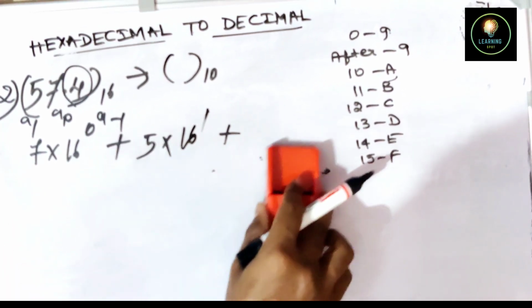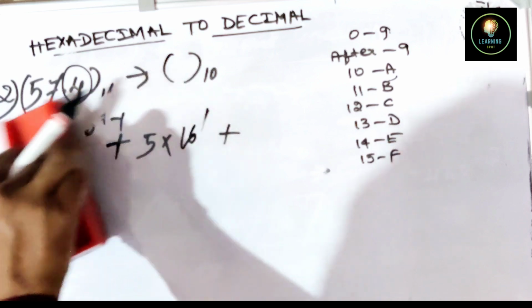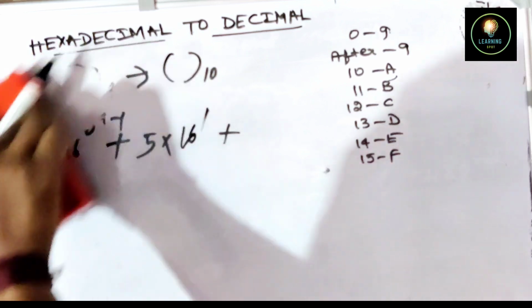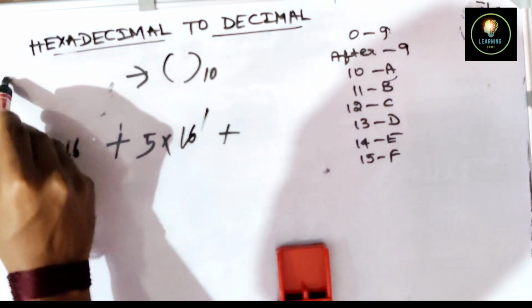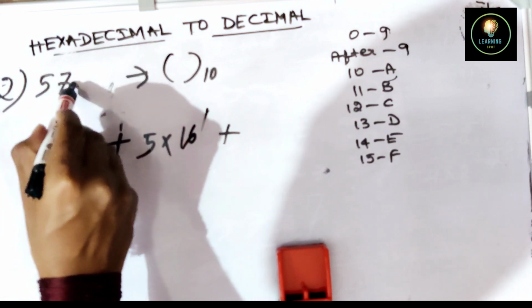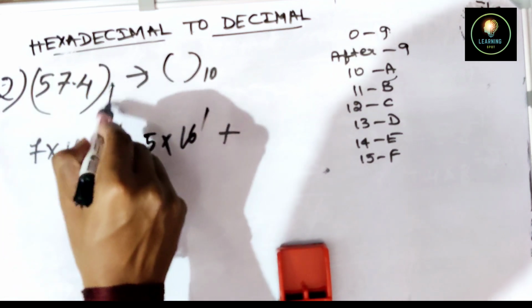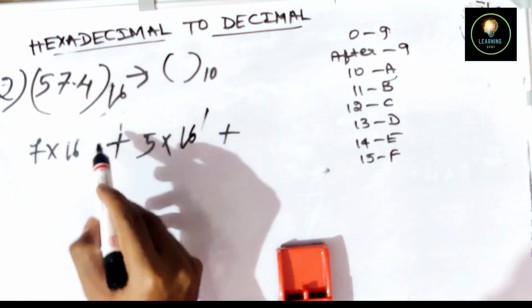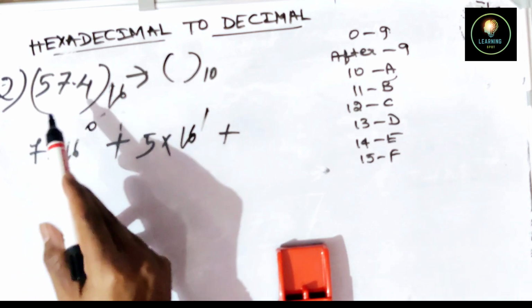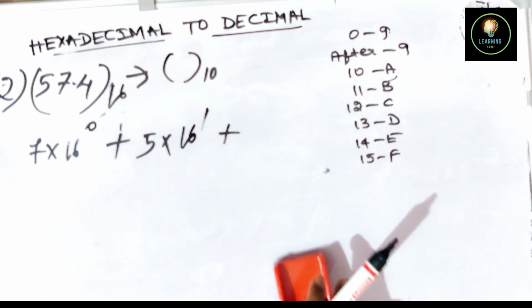Using this concept, we'll come back again. I will write the second problem cleanly here: 57.4 in hexadecimal, base 16. 7 into 16 to the power of 0, plus 5 into 16 to the power of 1.